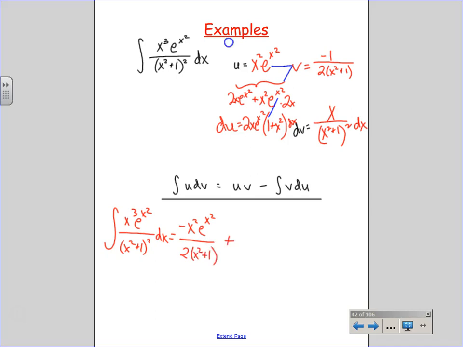Minus and negative is plus. You guys see it? That's nice. The other ones weren't going to work.